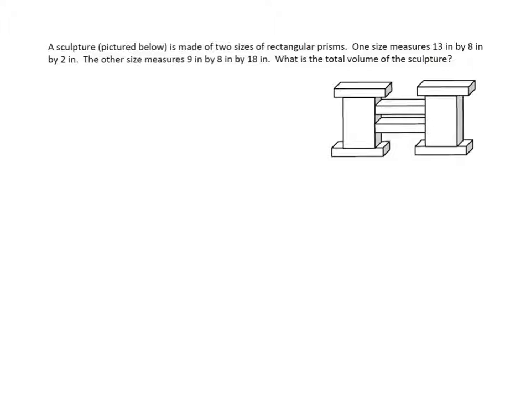This next problem is a little bit more complicated, but we basically have two shapes. We have the larger shape, which I'm going to call A, and we have the smaller shape, which I'm going to call B. Now the volume of A, they tell me, is 9 by 8 by 18.